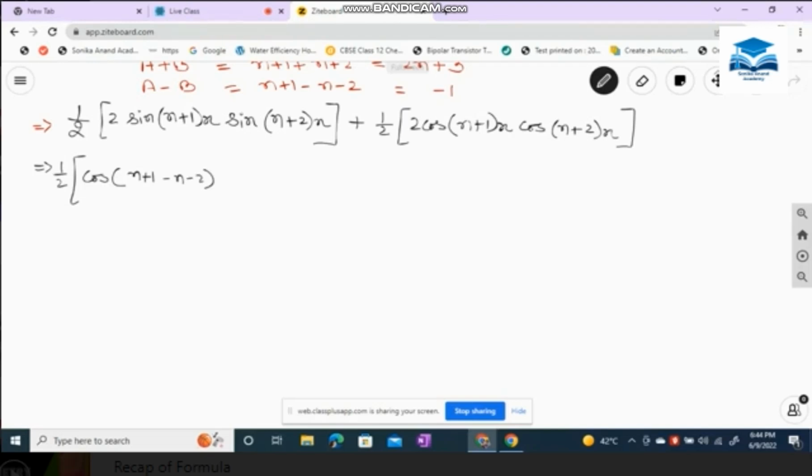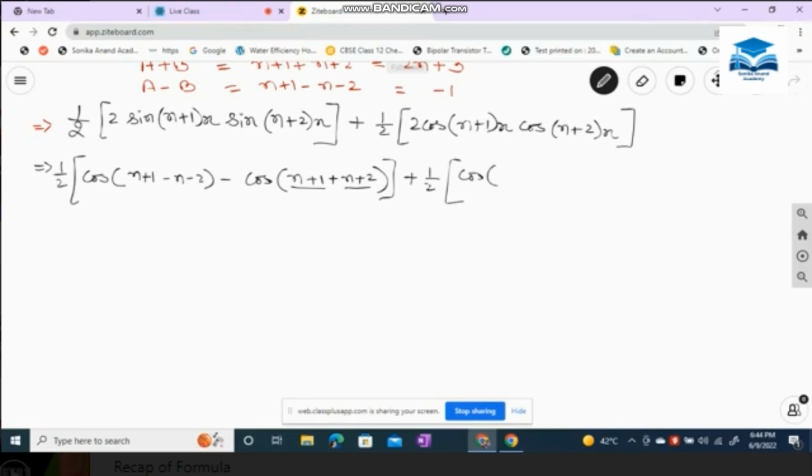Okay? Then minus, we have to add now n plus 1 plus n plus 2, A and B. Clear? Now in case of cos, we write the same things but with the plus sign.